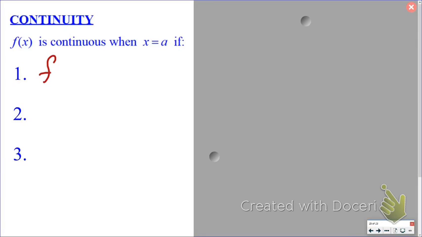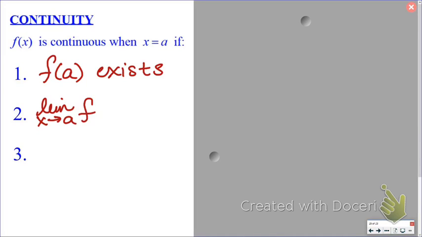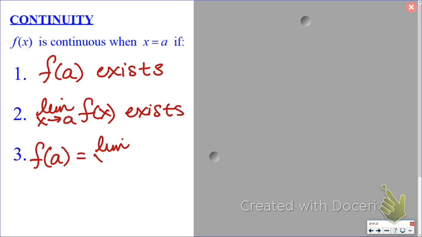There must be a point, a y value for that x value. The second condition is the limit exists: the limit as x approaches a of f of x exists. And the third condition for continuity is that these two things must be equal. The function value must equal the limit value at a.